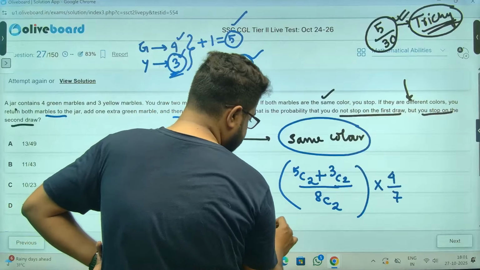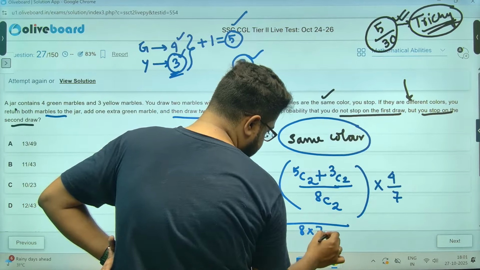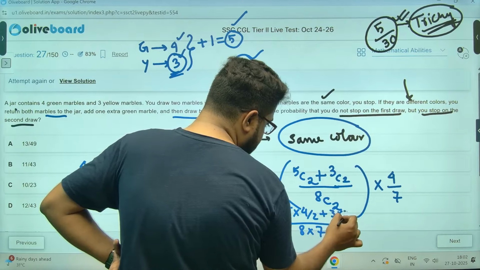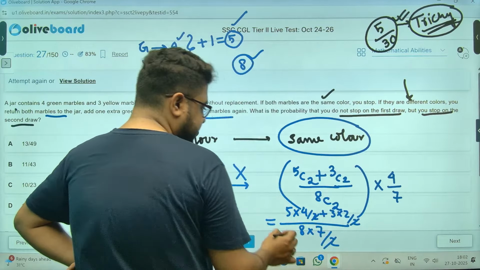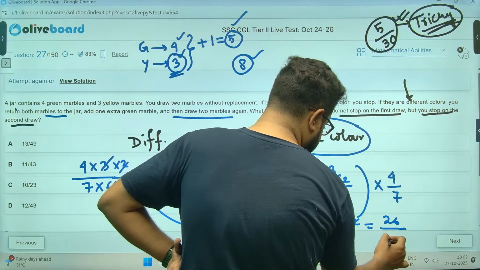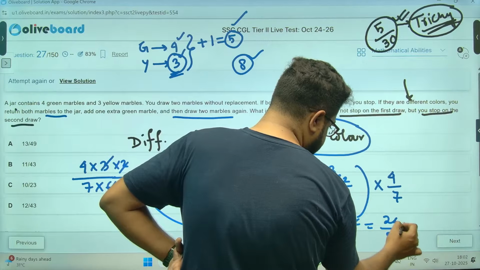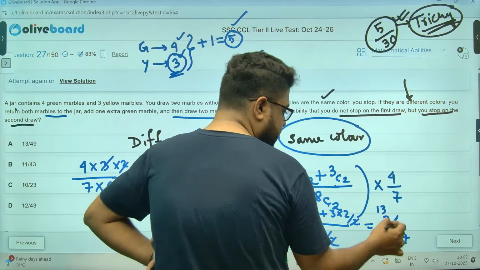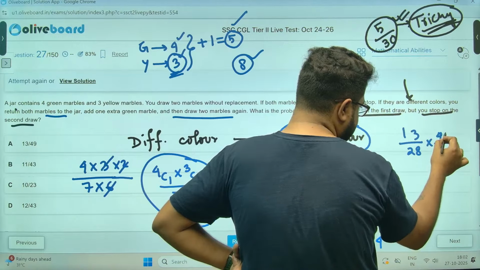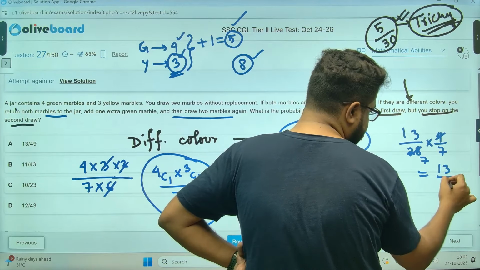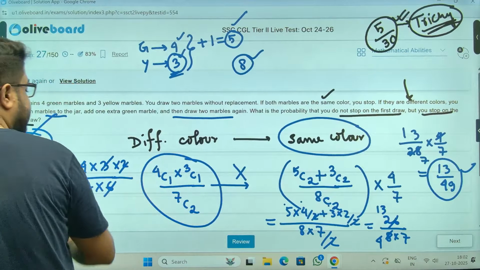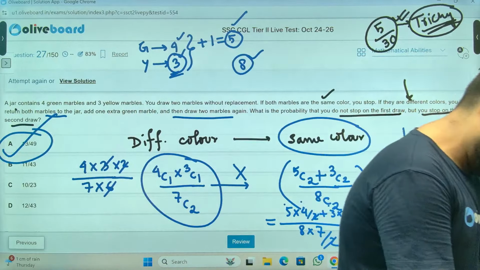So how much is this, sir? 8 into 7 divided by 2, 5 into 4 divided by 2, plus 3 into 2 divided by 2, the 2s cancel. 20 plus 6 is 26, 26 by 28 into 7, sir. 13 by 14, this is 4. So 13 divided by 28 into 4 divided by 7. 13 by 49 is the answer, sir. 13 divided by 49. Again, option number A is the correct answer. This was a good question, sir.